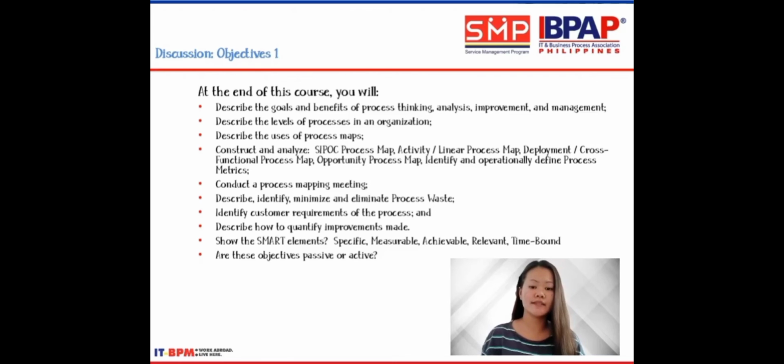Discussion Objective 1. At the end of this course, you will describe the goals and benefits of process thinking, analysis, improvement, and management. Describe the levels of processes in an organization. Describe the use of process maps.